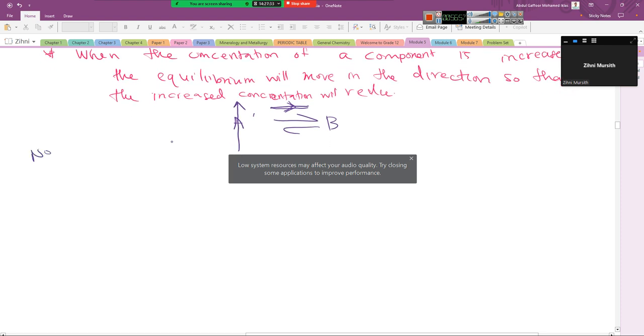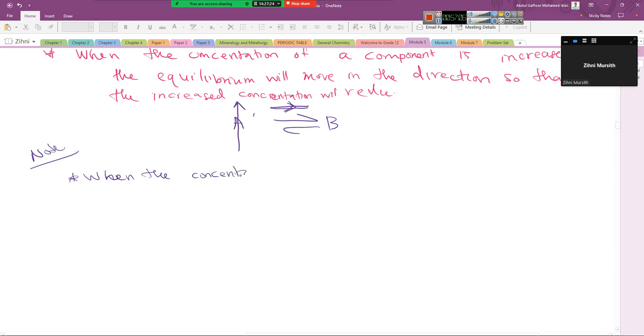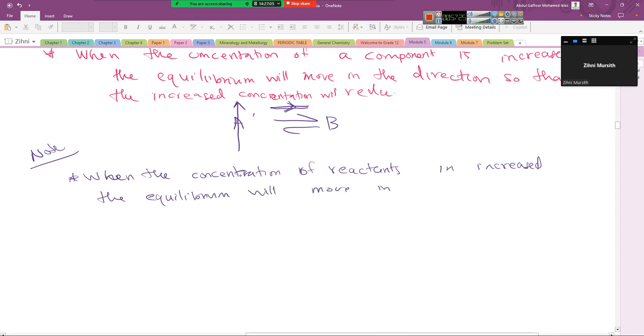Note: when the concentration of reactants is increased, the equilibrium will move in the forward direction, right?